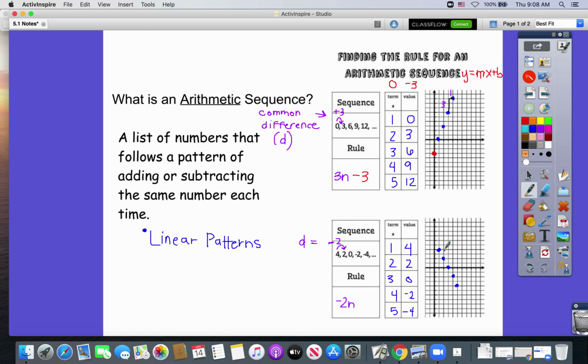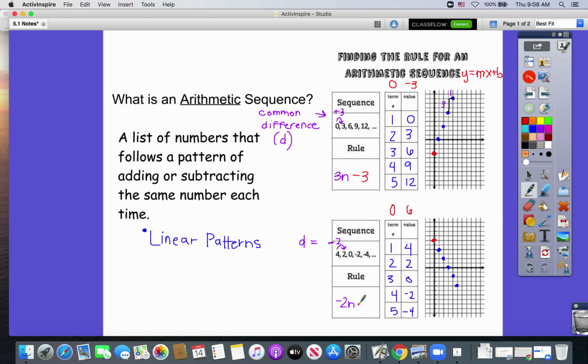Okay, if we follow our pattern, we know this is going down 2 over 1, down 2 over 1. That's our slope. So if we follow that to work backwards to the y-intercept and go up to left 1, our y-intercept would be right there. We could figure out in our table, if we go back 1 to 0, each time we were subtracting 2, so working backwards, we will add 2 to get 6, which is the same point here, 0, 6.